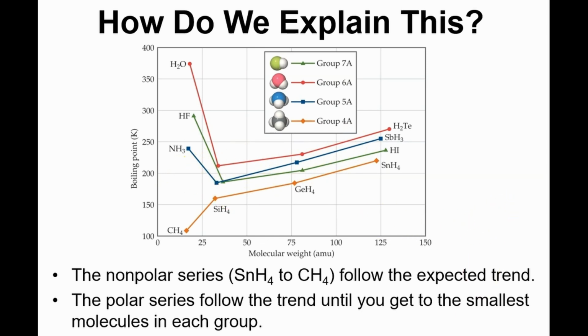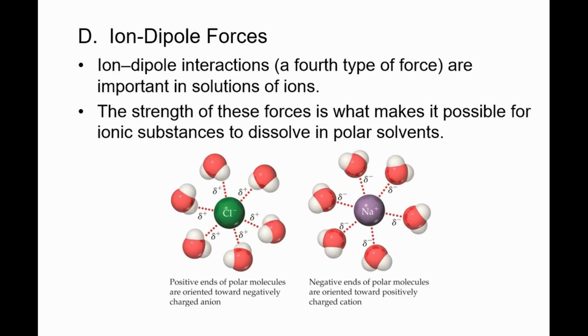So hydrogen bonding, we say, is a strong intermolecular force. It's one of the stronger ones. So this is a foreshadowing for great things to come in chapter 13. This would be a fourth intermolecular force, which is an ion interacting with a dipole.